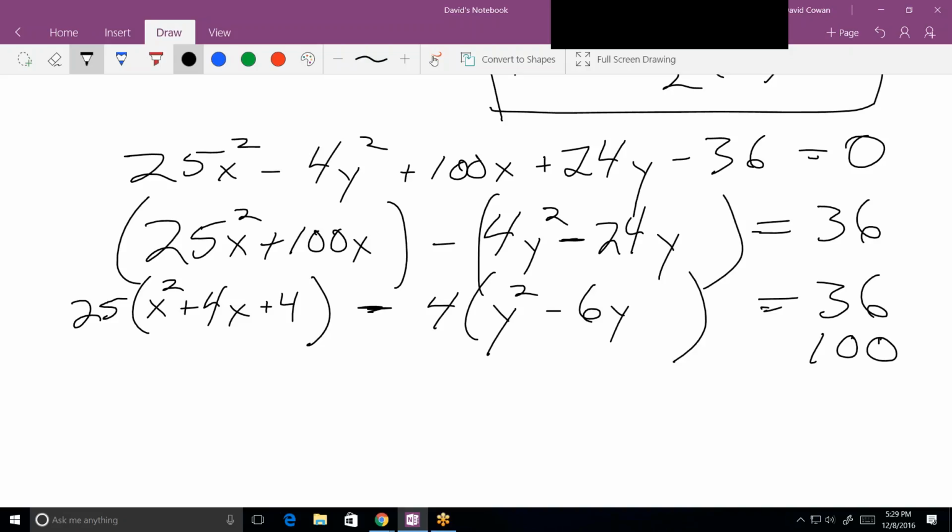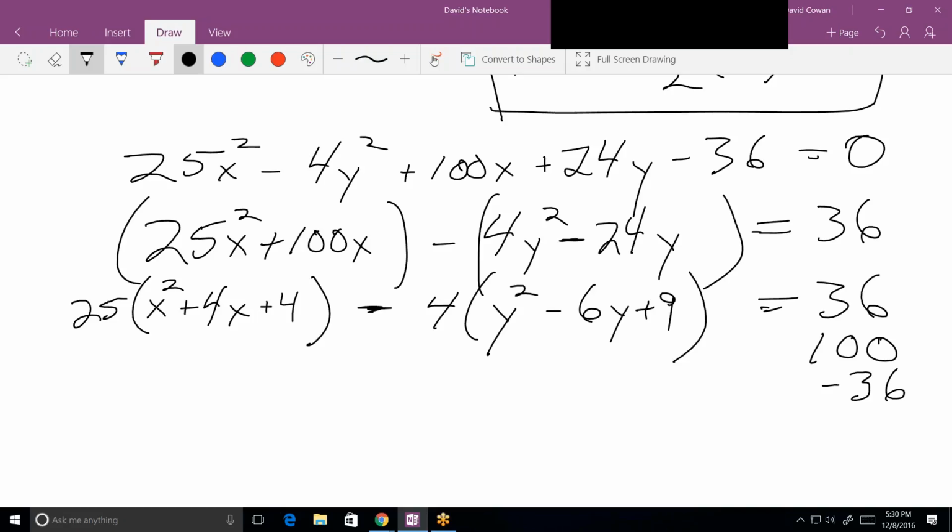And 3 squared equals 9, so you'd add 9, and that would be negative 9 times negative 4, and that equals minus 36 on the other side. So that comes out to 100.